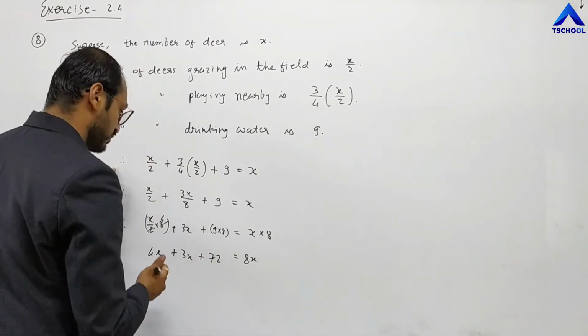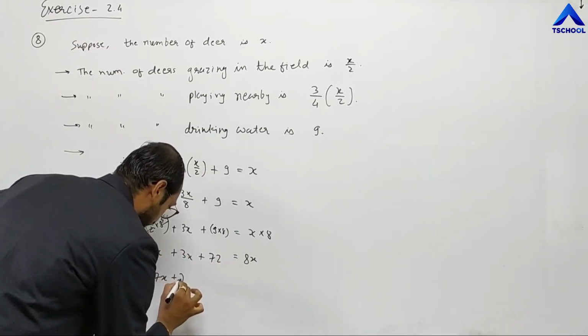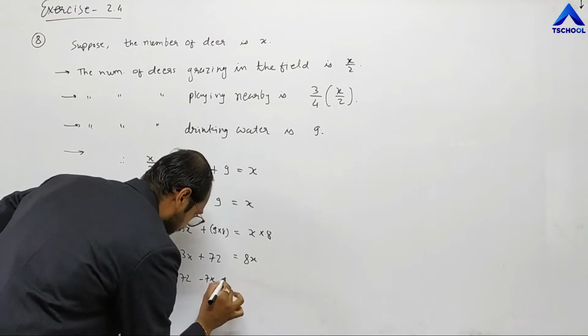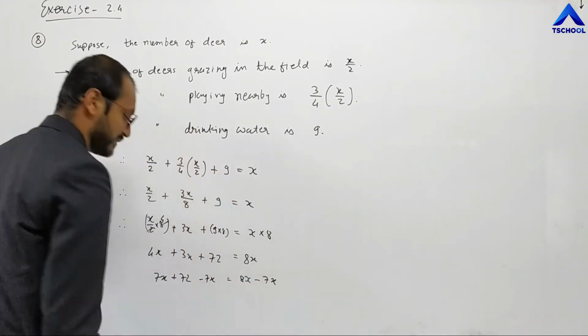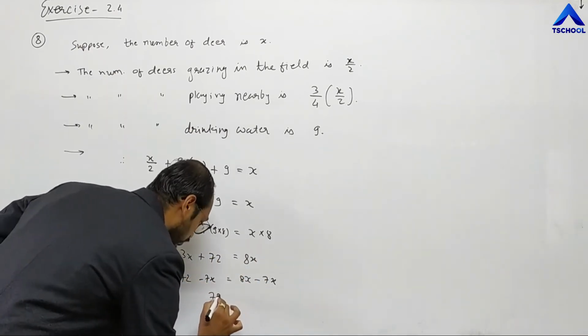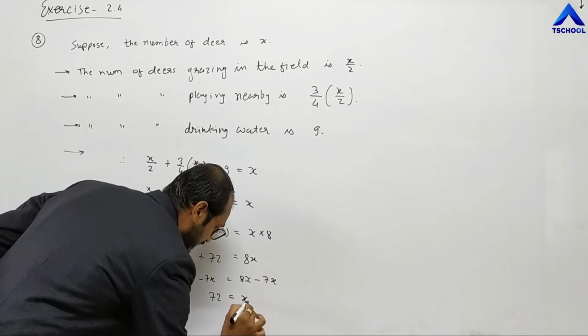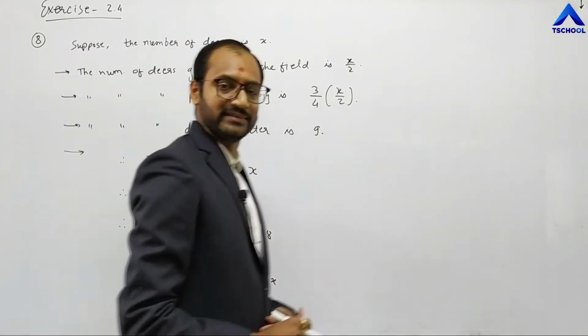So 7x plus 72 minus 7x equals 8x minus 7x. To remove this 7x, here is the answer: 72 equals x. So the total number of deer is x. Clear?